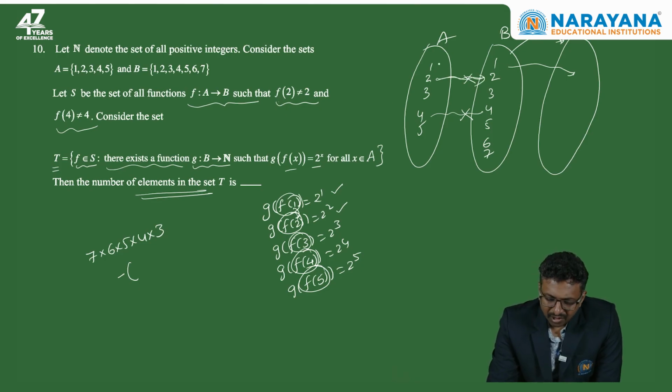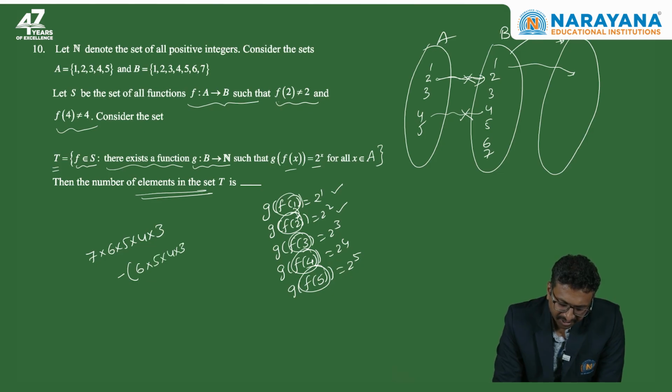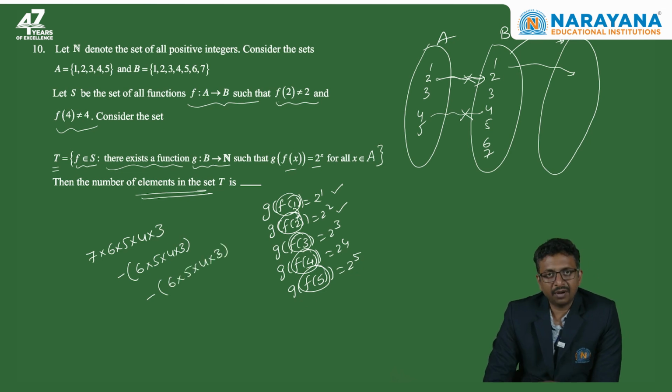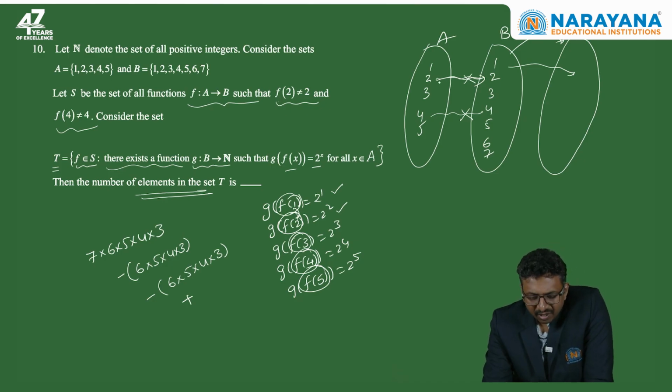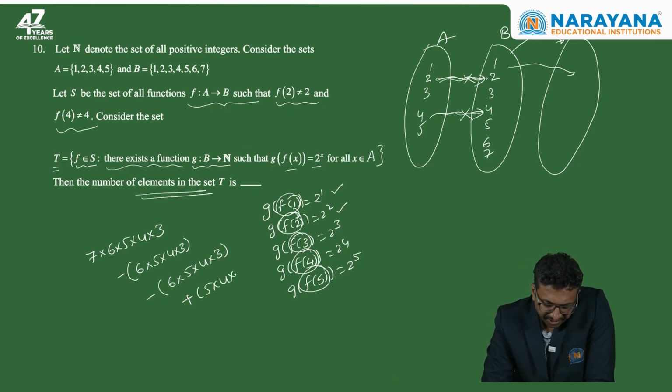If 2 goes to 2, 1 will have 6 options, 6 into 5 into 4 into 3, minus 4 going to 4, again 6 into 5 into 4 into 3 number of 1-1 functions, plus the number of functions where both conditions are valid. 2 is going to 2, 4 is going to 4. So 1 will have 5 options, 5 into 4 into 3.